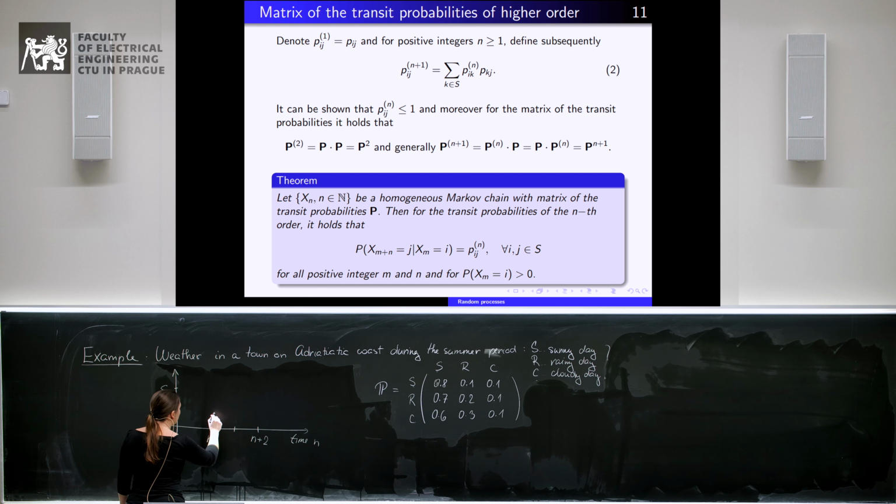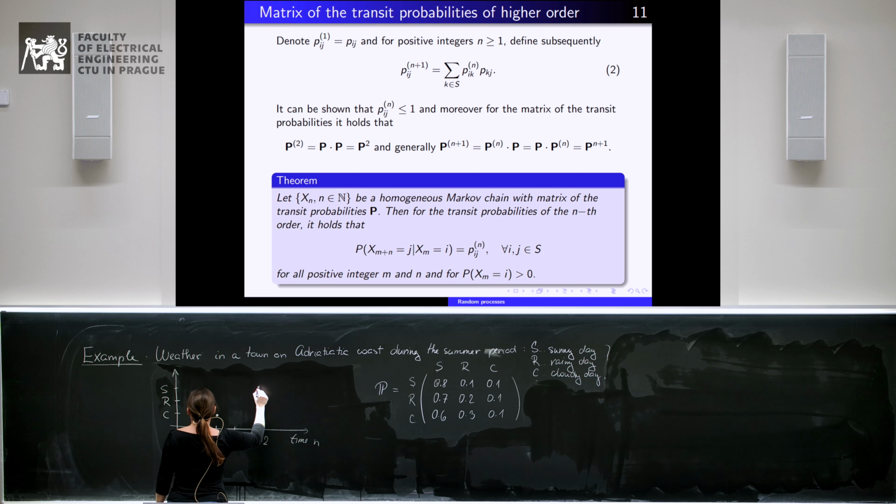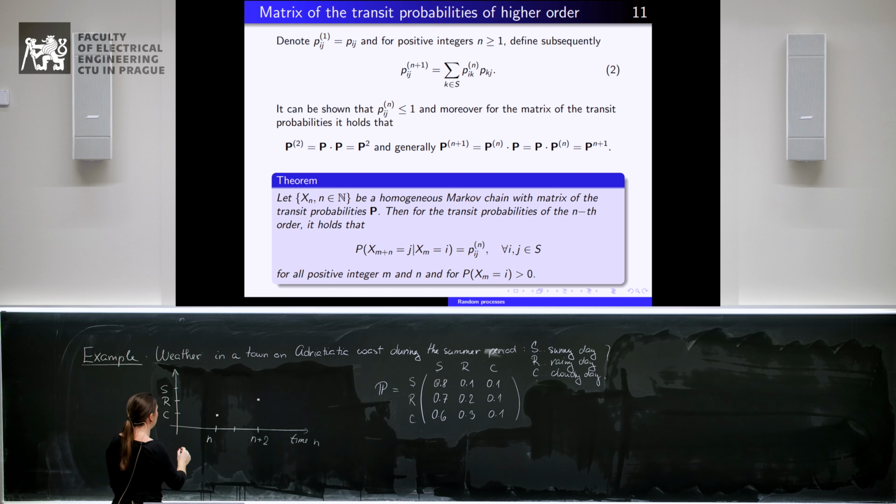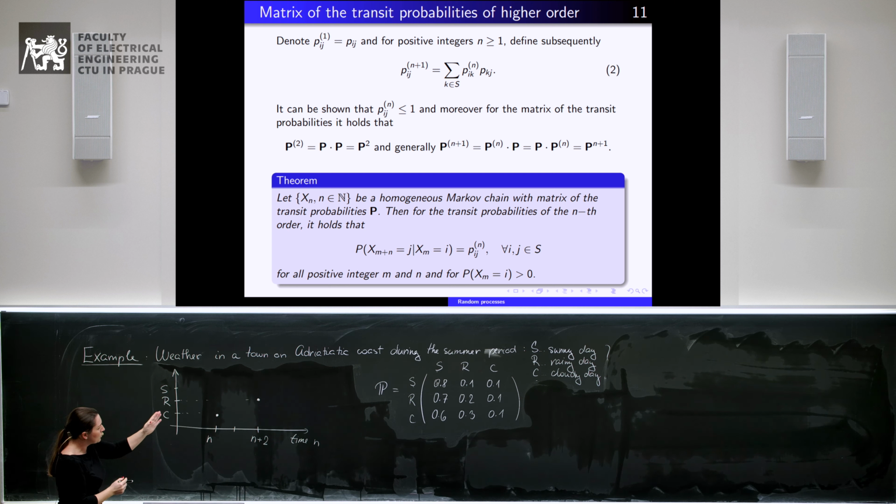So about the probability that we will go, let's say, from cloudy weather to the rainy weather, but in two steps. Not in one step, which is given by the matrix, but we care about the transit probability in 2 days, in 2 steps. So, what can happen?